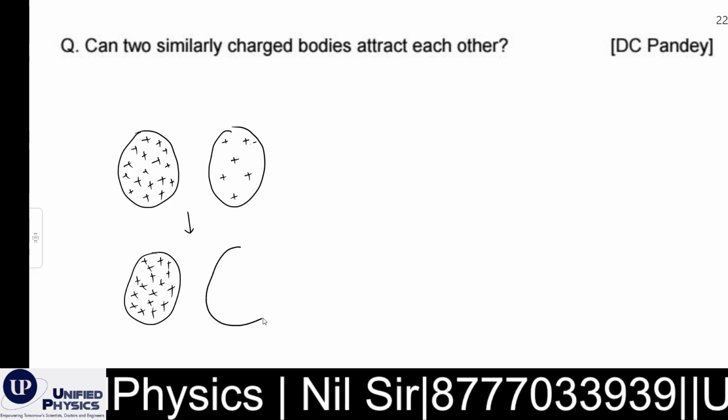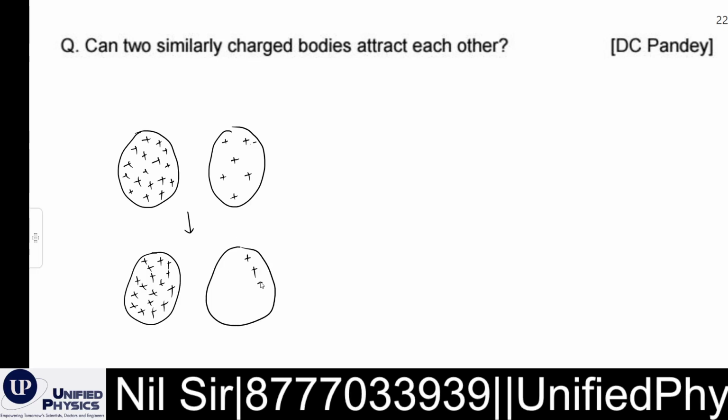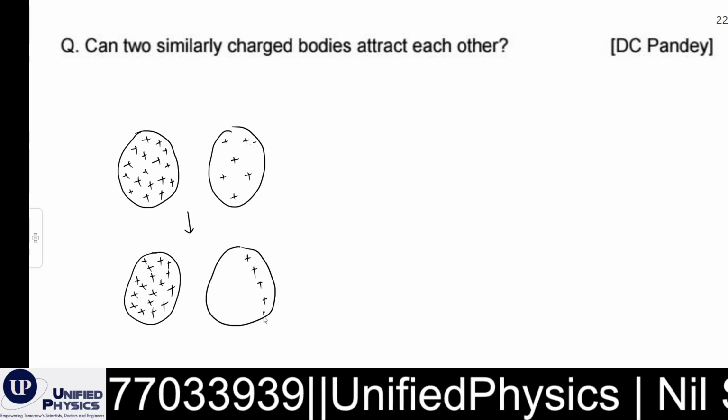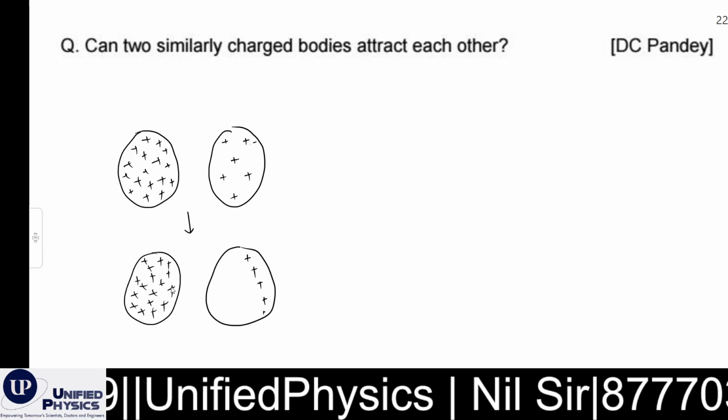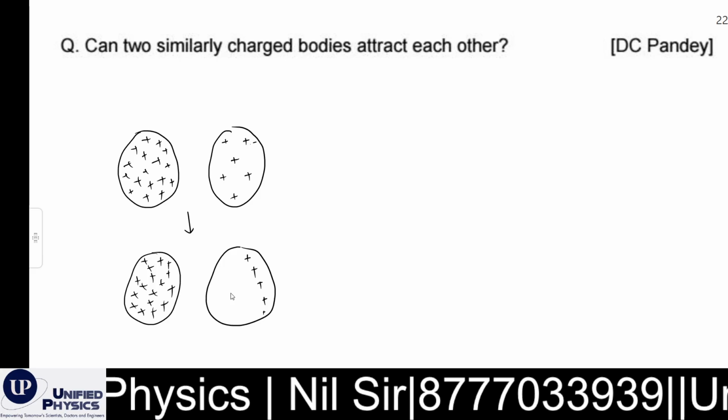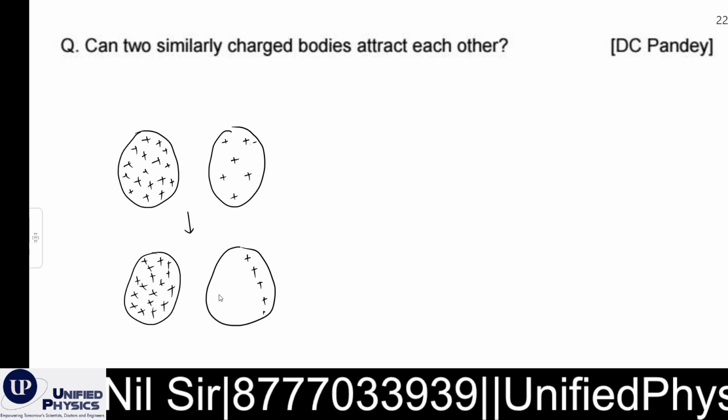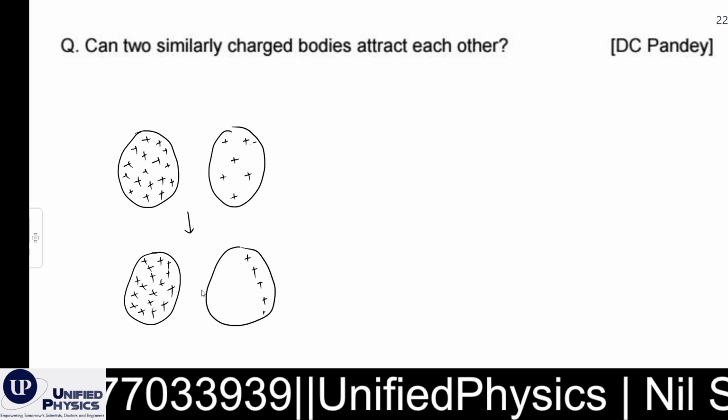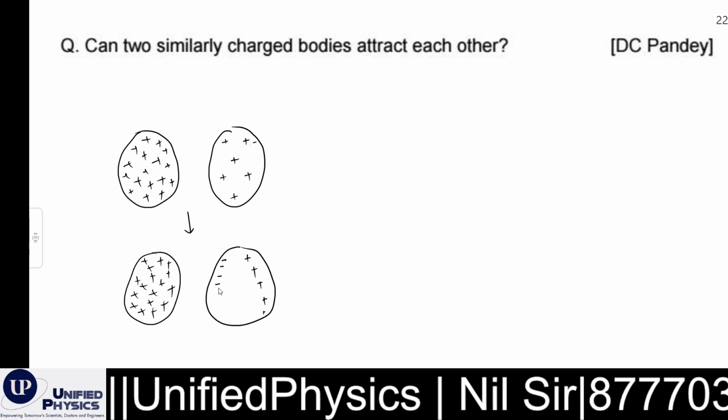So the charge will shift due to the repulsive force, and this charge will actually attract the negative charge of this body. That means there will be an induction of negative charge at this side of the body.